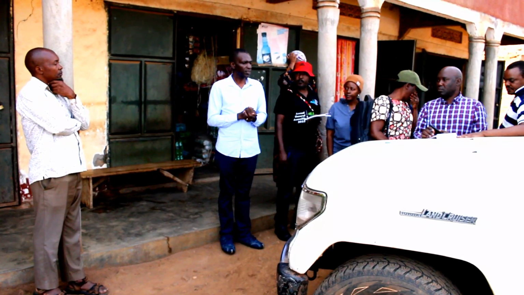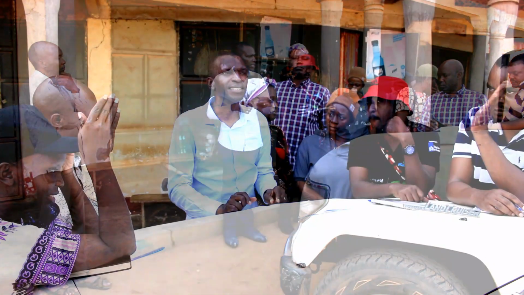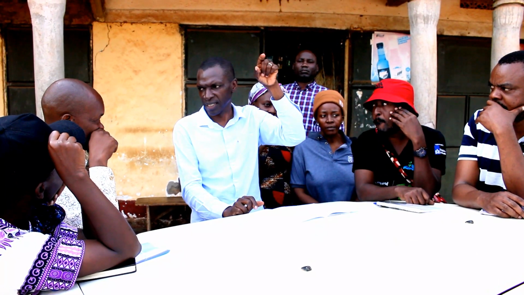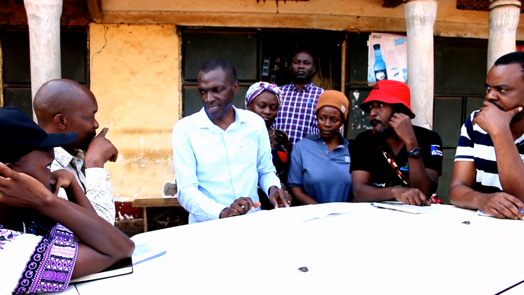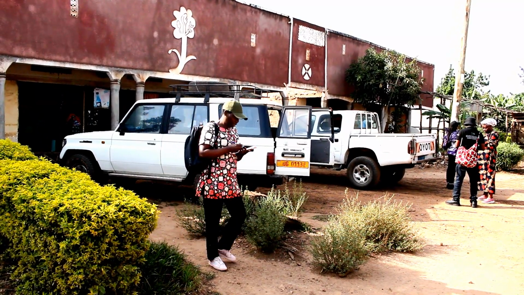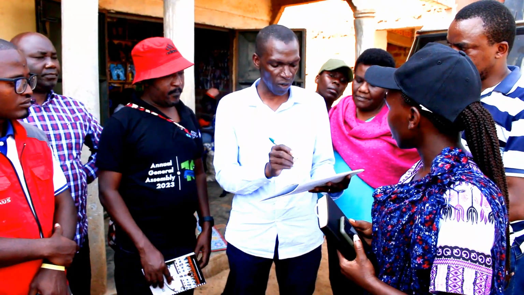So once we arrive in an area, we introduce ourselves at the sub-location level, which is the sub-administrative level, district first and then sub-location. And then from there, we start off with what we call a landscape map.